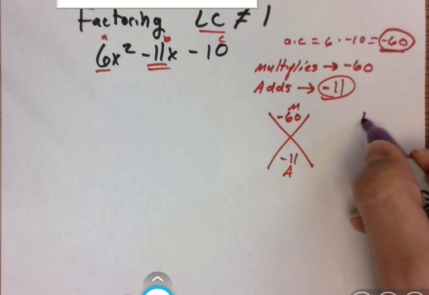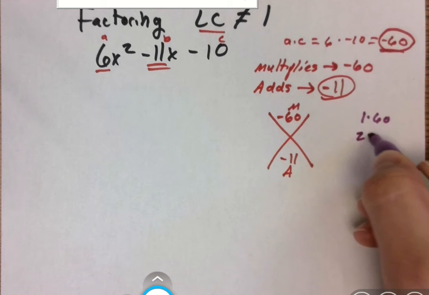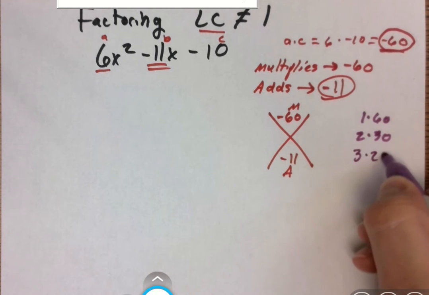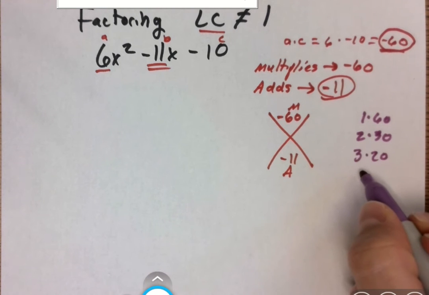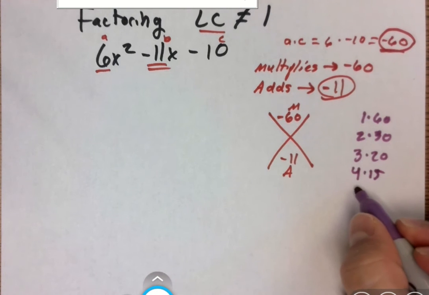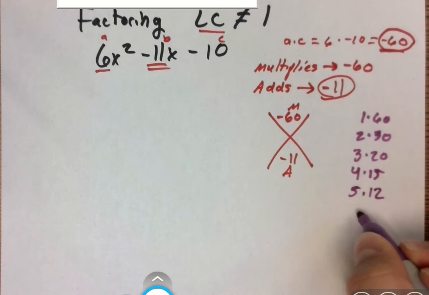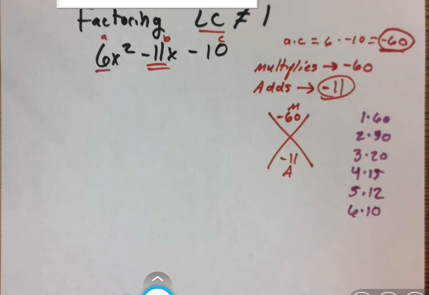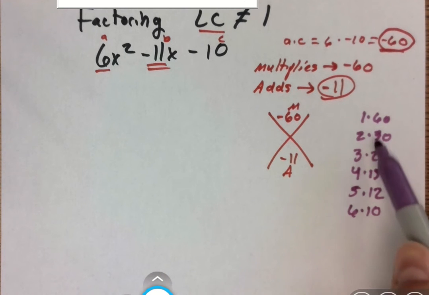So it could be 1 and 60, it could be 2 and 30, it could be 3 and 20, it could be 4 and 15, it could be 5 and 12, it could be 6 and 10, and I think that's it. And so looking at this set of numbers, which one could I somehow get negative 11 from?